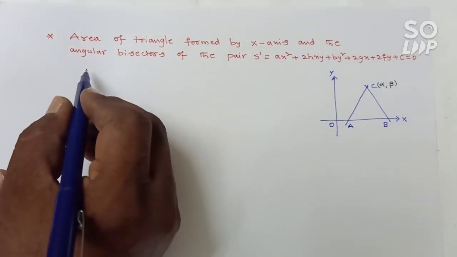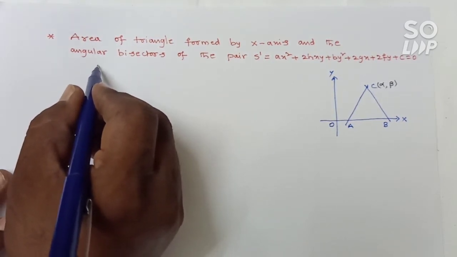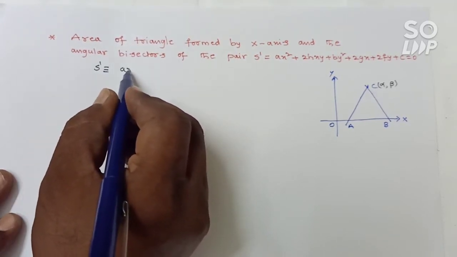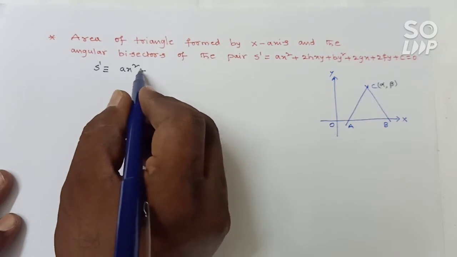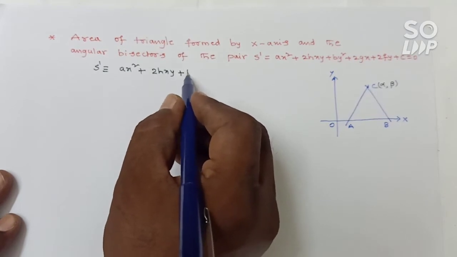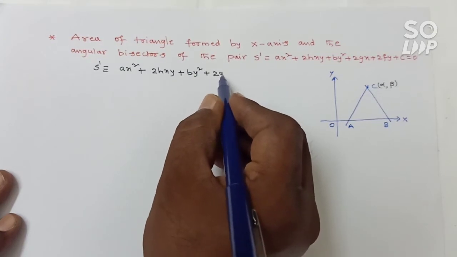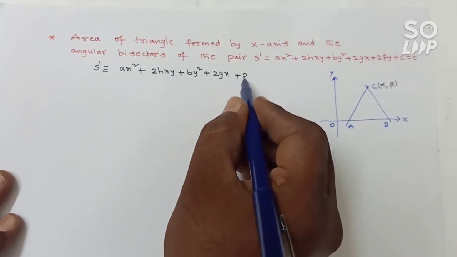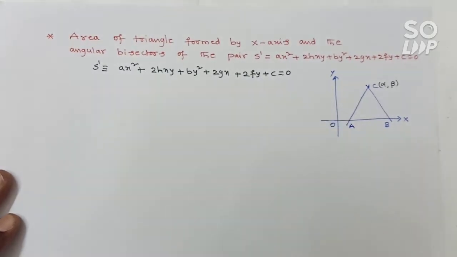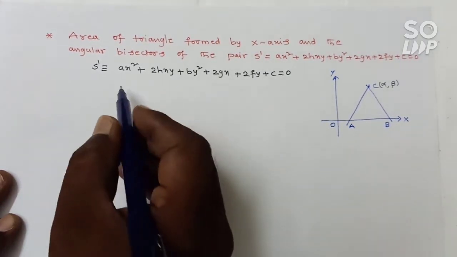See here, all of you please follow clearly. S' = 0, the given equation is ax² + 2hxy + by² + 2gx + 2fy + c = 0. This is the given pair of lines. What is the point of intersection of this pair of lines?